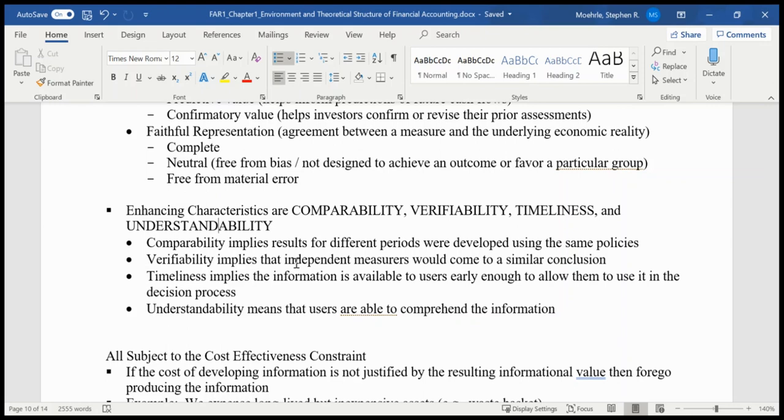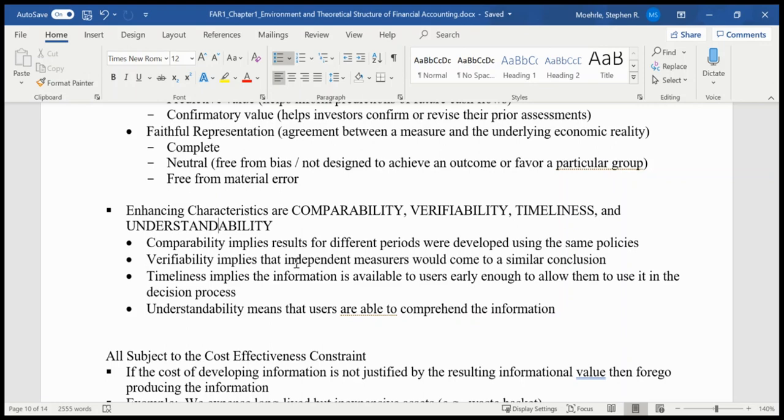Verifiability implies that independent measurers would come to a similar conclusion. Timeliness implies the information is available to users early enough to allow them to use it in their decision process. They're getting it in time to make the relevant decision. And then understandability means that the users are able to comprehend the information we provide them.